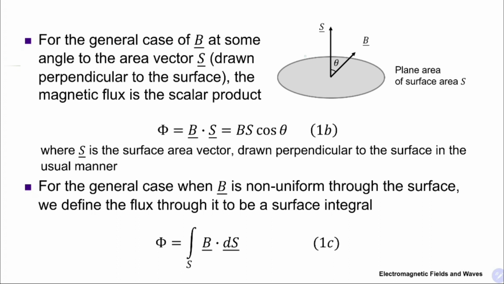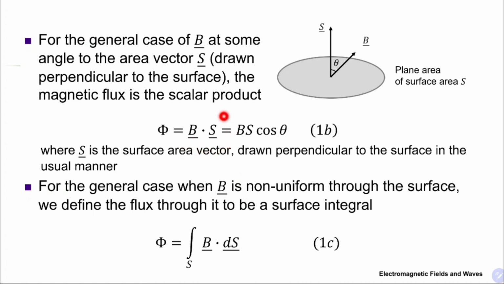If we have a plane here, we define a vector surface area that is perpendicular to the plane. If B is at an angle with the surface area vector, then the flux will be equal to B dot S equals B times S times cosine theta. Generally, the magnetic flux will be equal to the surface integral of B dot dS for non-uniform magnetic flux density.